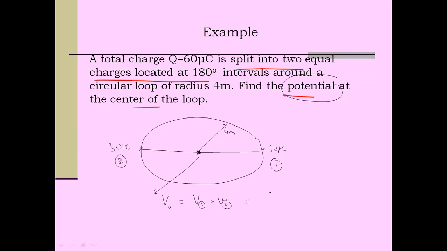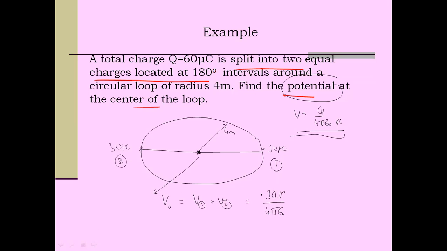That will equal 30 microcoulomb divided by 4 pi epsilon naught. We are using this equation, V equals Q over 4 pi epsilon naught R. Remember, V is a scalar, not a vector, V is a scalar value.